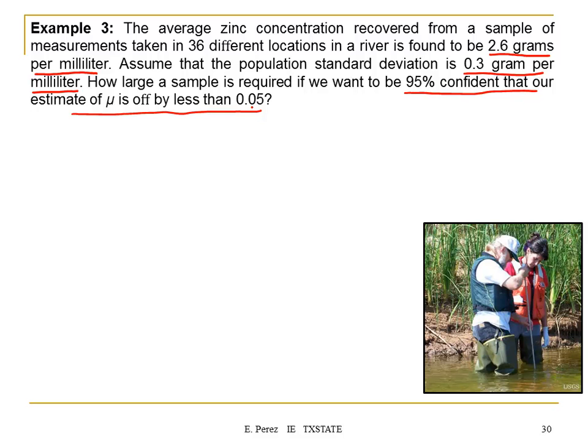So as we discussed, we're going to use this expression, n equals the z-value of alpha half times the standard deviation divided by the error, and that number squared.